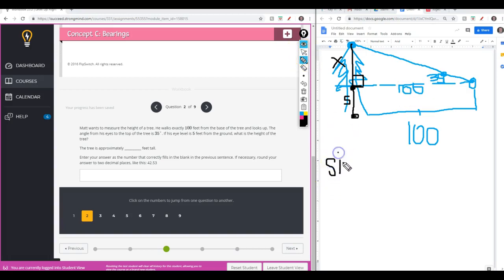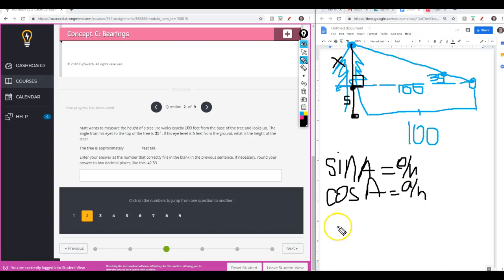Do we use sine, cosine, tangent? Remember, sine of our angle is equal to the opposite over the hypotenuse, and cosine of our angle is equal to the adjacent over our hypotenuse. Or there is the tangent of our angle, which is equal to the opposite over the adjacent side length.